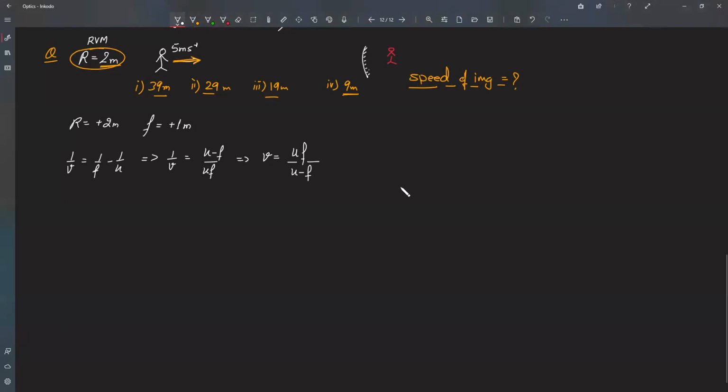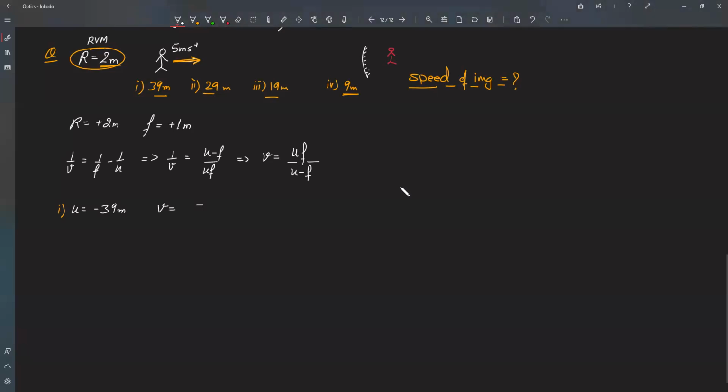So now three different cases. First case, when u is 39 meters, obviously it will be minus 39 meters because the object is on the left hand side. We have kept it on the left hand side. So this is minus 39. What will be v here?